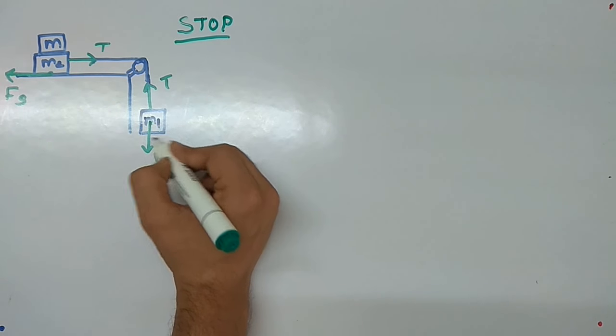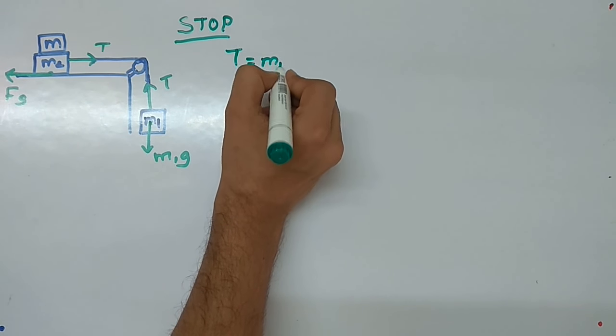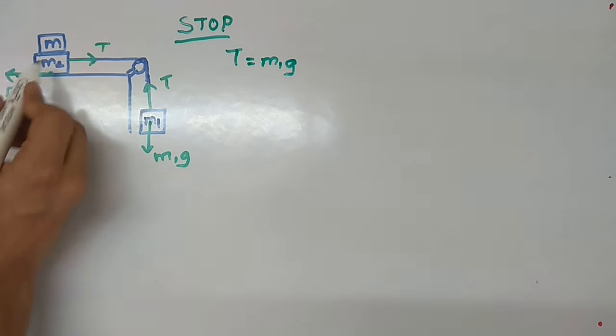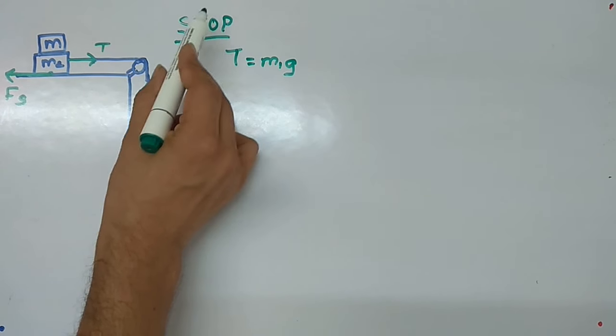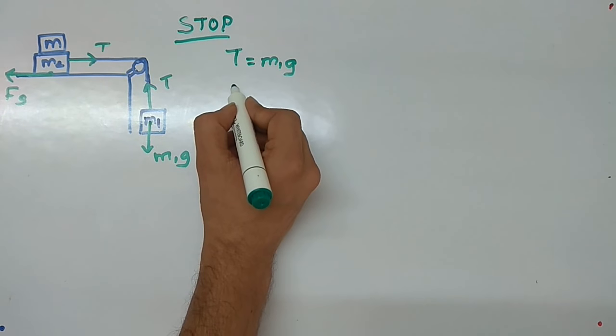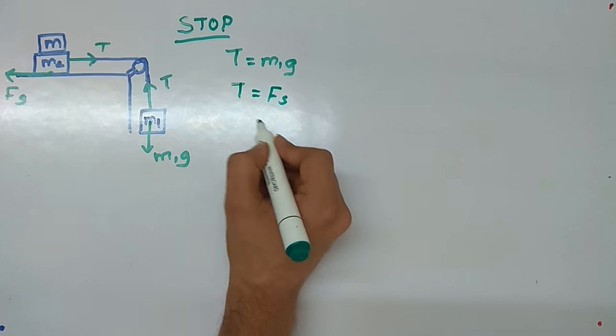So for mass m1, the upward force T should be equal to the downward force m1g. Next, if this motion has to be stopped, the forward force and the backward force should be equal. So that is T equal to Fs, where Fs is the frictional force.